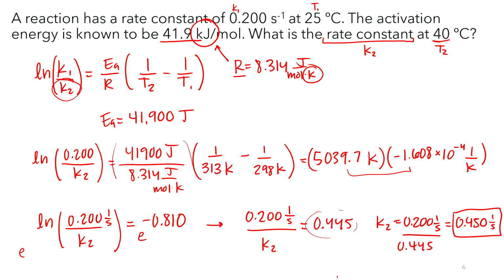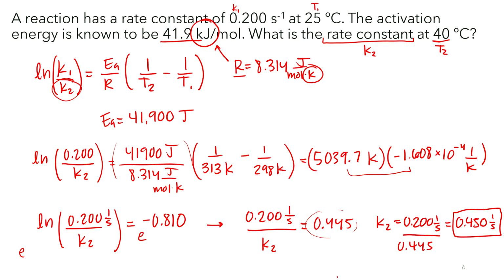And then at this point, after so much calculator pushing, I would stop and ask myself, is that a reasonable answer? So what would I be considering? I had a rate constant of 0.2 at 25 degrees Celsius. I then increased the temperature to 40 degrees Celsius.